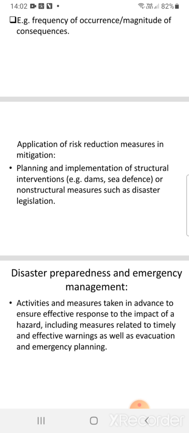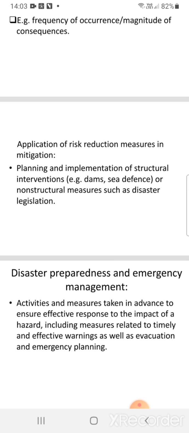Whereas non-structural measures are disaster legislation that will include making people aware of the disaster, making people know how to handle a particular disaster, how to cope up with the situation, giving them education, giving them training. All those things will come under disaster legislation.